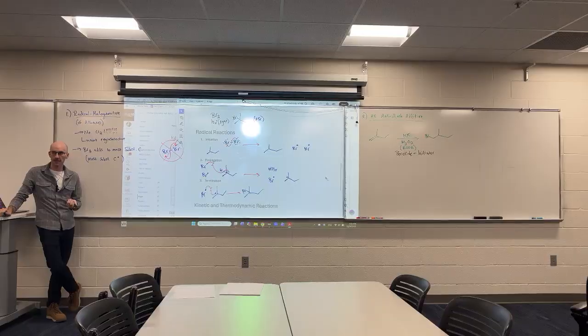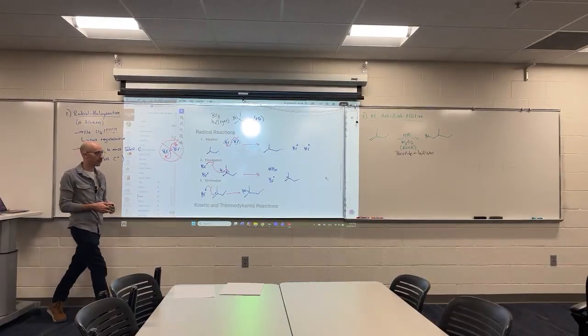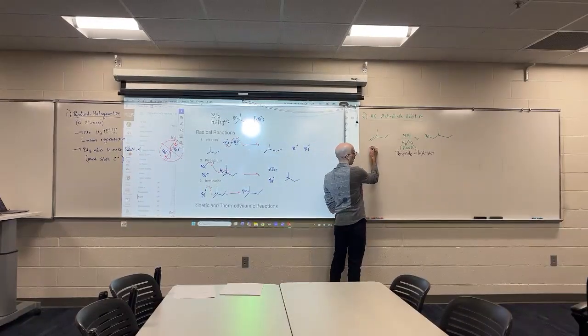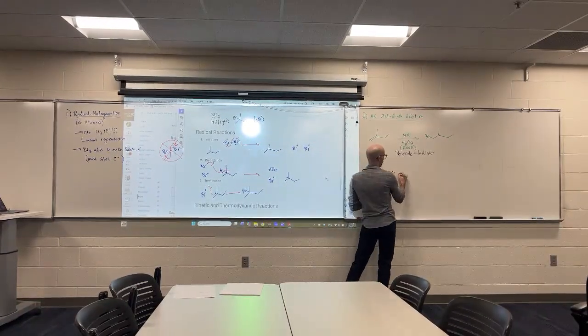Since we know that this has a radical intermediate, and we know that the radical must be on the most stable carbon, this is similar to what we saw with the alkynes.